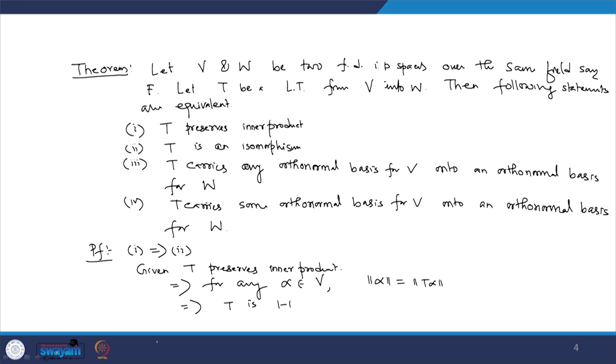It is given to us that T preserves inner product and T is also 1 1, and since the dimensions of V and W are finite and same, it is also onto. This implies T is 1 1 and onto, since dimension of V equal to dimension of W equal to finite. So, T is 1 1, onto and preserves the inner product. So, this implies T is an isomorphism.